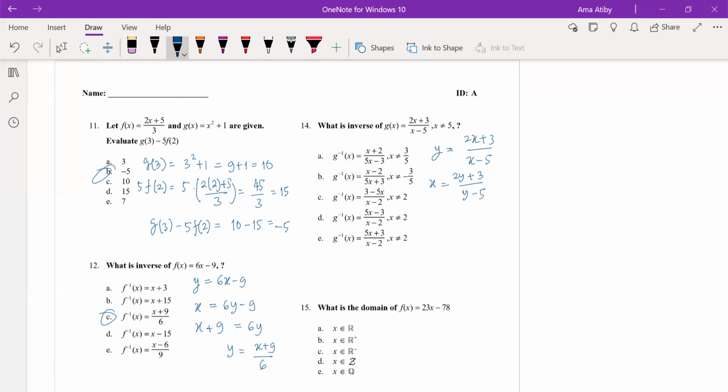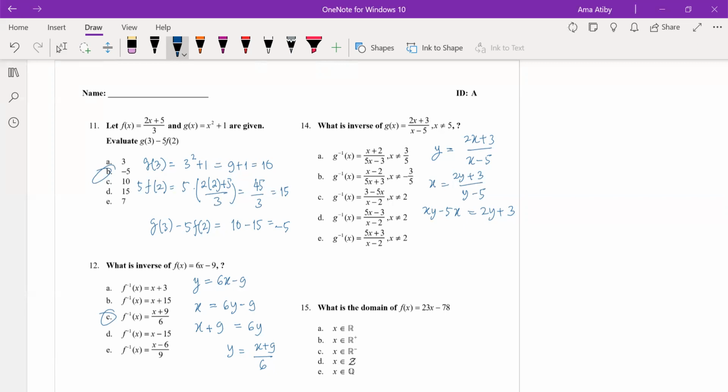So then you are solving using the cross multiply. You will get xy minus 5x equals to 2y plus 3. The next step is collecting the like terms, because we are going to solve this for y.